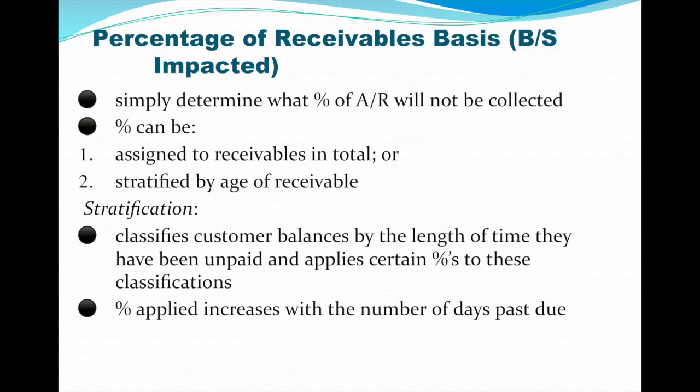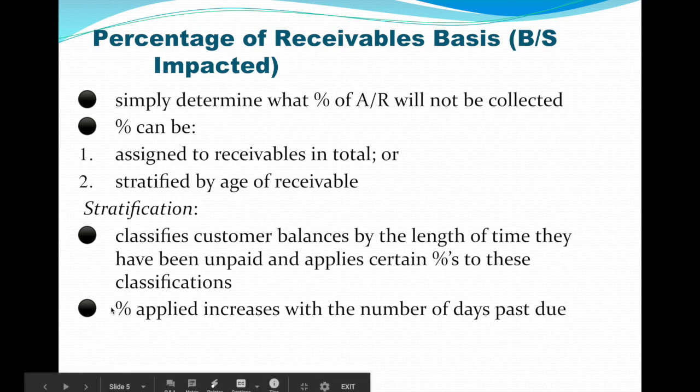So, between 0 and 30 days, it's still highly likely that they'll pay you back. When we get to 2 months, a little less likely. 3 months, a little less likely. Half a year, it's like, okay, he's probably not going to pay us back now. So the longer we go, the higher the percentage of estimated uncollectible debt will be.